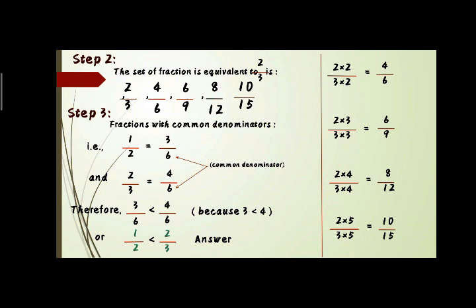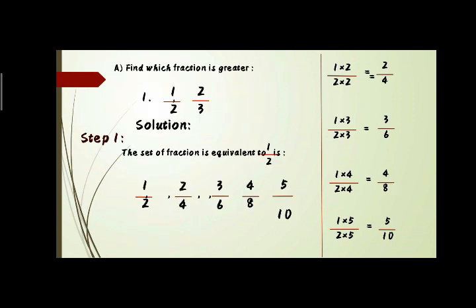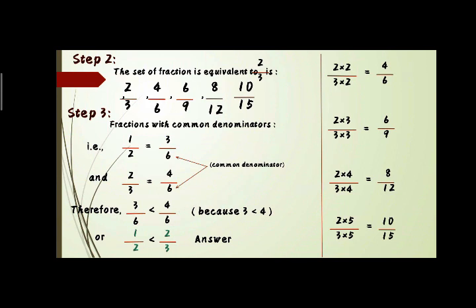Now you have to notice 2 upon 3 has equivalent fractions 4 upon 6, 6 upon 9, 8 upon 12 and 10 upon 15. Observe carefully: the denominator 6 is present here in the next part. The denominator 6 is also present in this equivalent fraction.